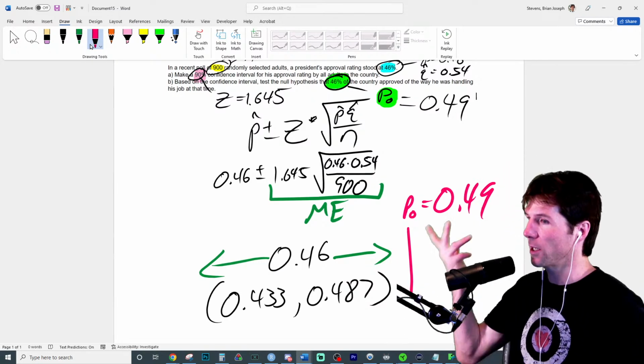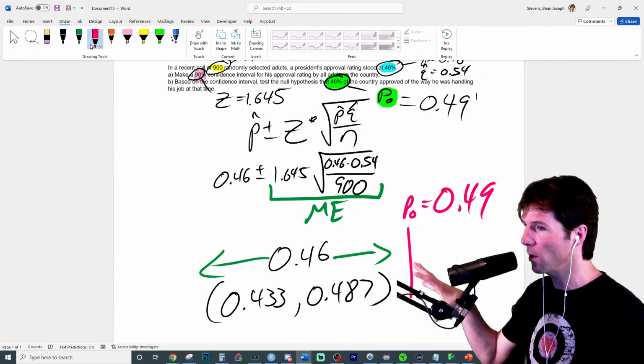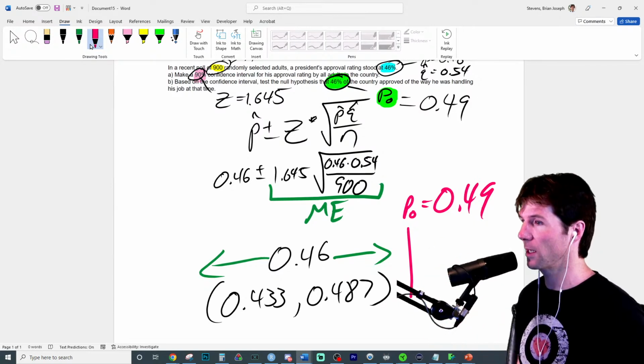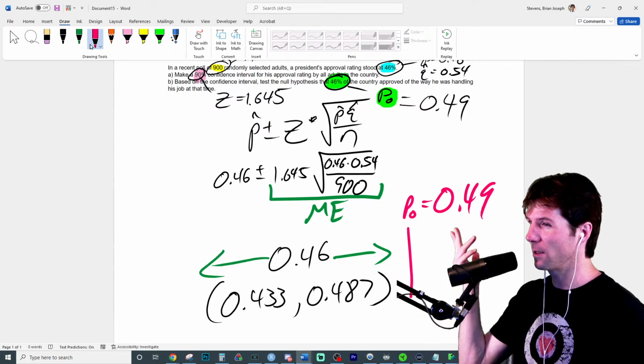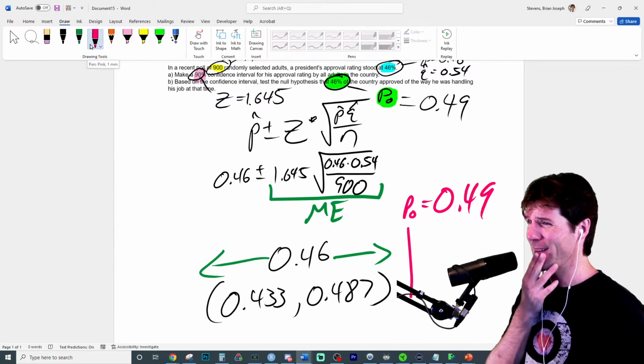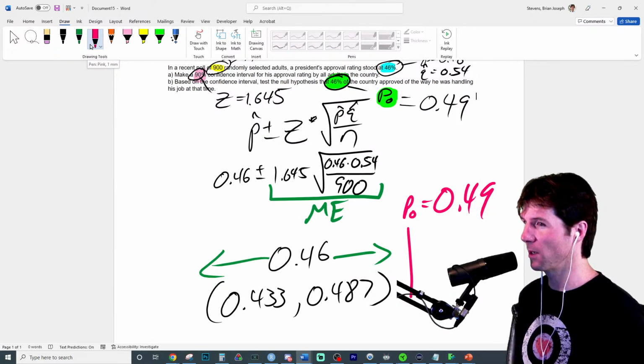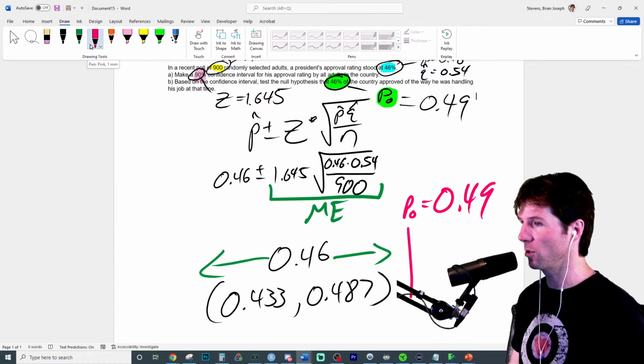So if they hypothesized 49% is the approval rate, and they did this poll, they found out the interval trying to estimate the approval rating, you would say, that value of 49% doesn't really seem believable, because I'm 90% confident that the true proportion of people who approve of the president is contained in the interval 43.3% to 48.7%, so I reject this value.